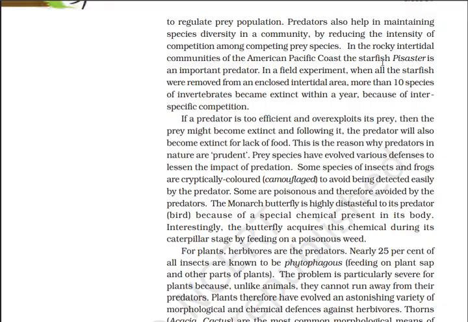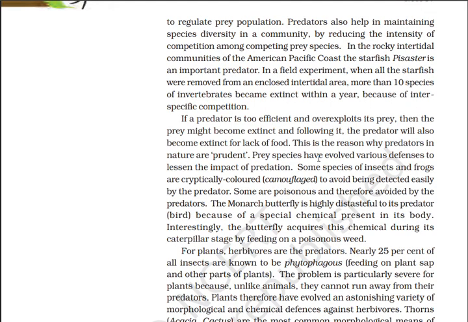In a field experiment, when all the starfish were removed from an enclosed intertidal area, more than 10 species of invertebrates became extinct within a year because of interspecific competition. If a predator is too efficient and overexploits its prey, then the prey might become extinct, and following it, the predator will also become extinct for the lack of food.